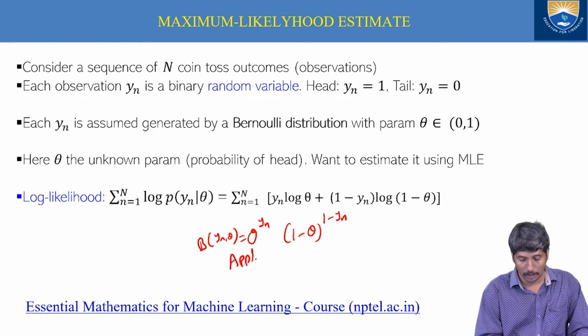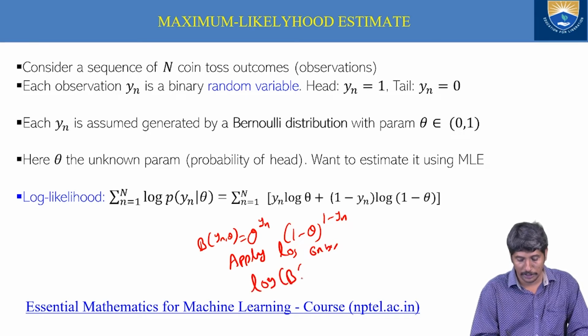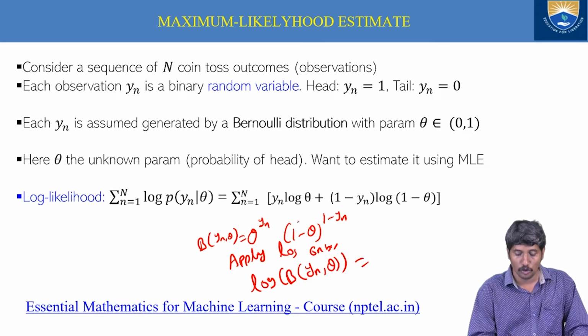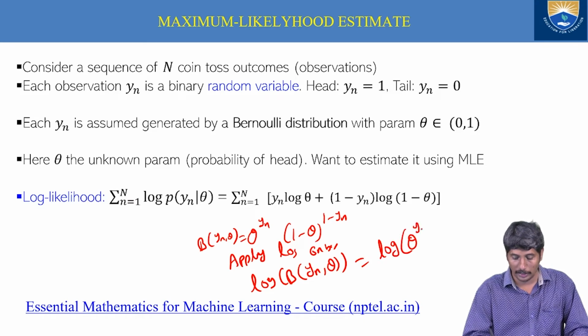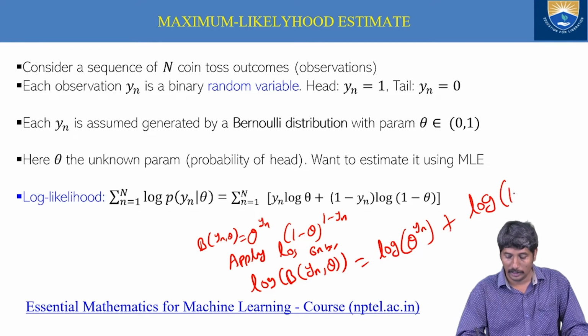What happens? Log Bernoulli distribution yn comma theta is equal to log m plus log n.